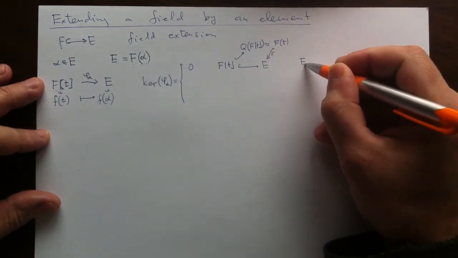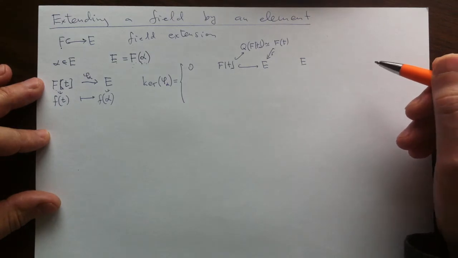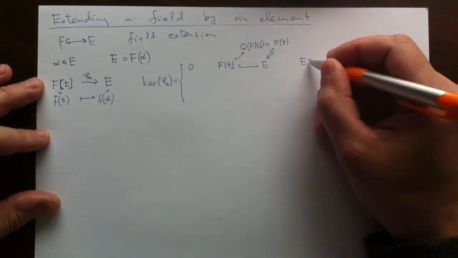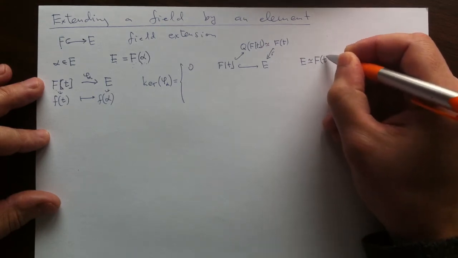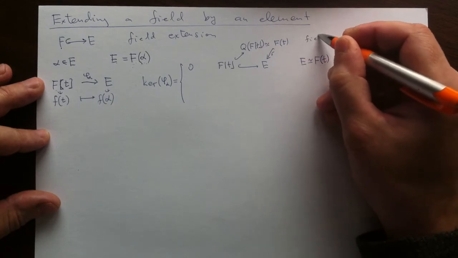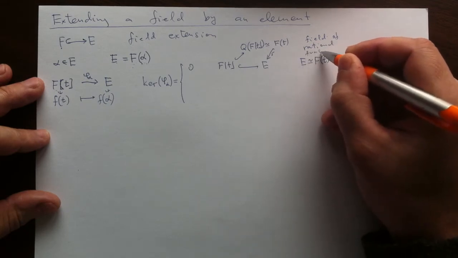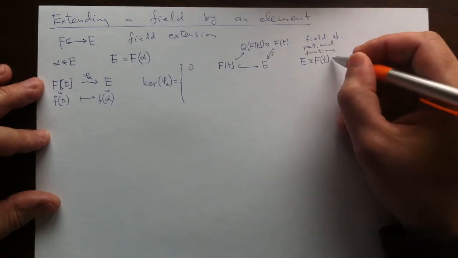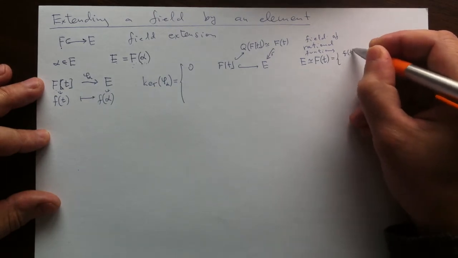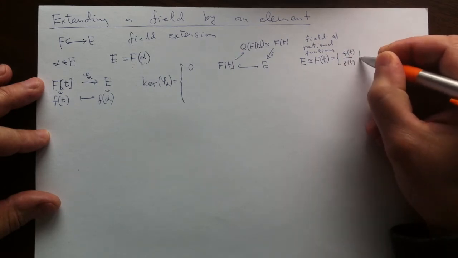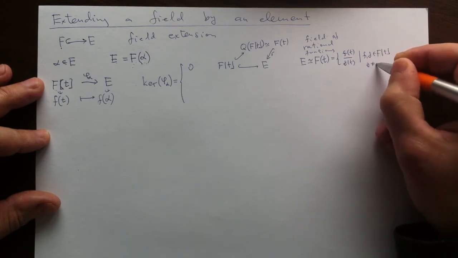So in this situation, when the kernel of the evaluation homomorphism is 0, we have described the field in abstract terms. It should be indistinguishable, isomorphic to the field of rational functions, namely the field of ratios of two polynomials, where the denominator is a non-zero polynomial.